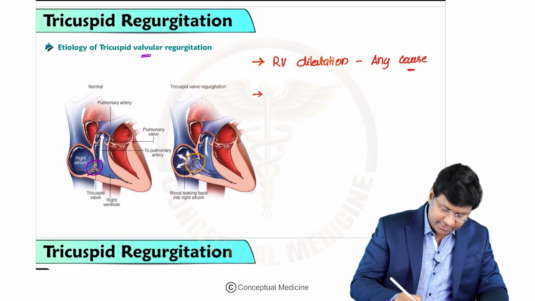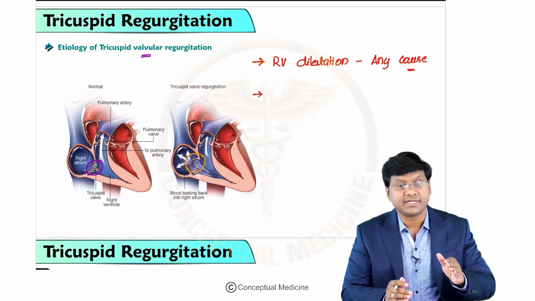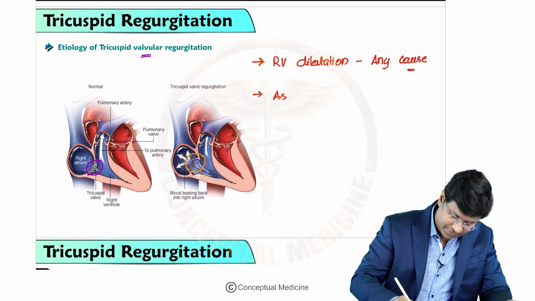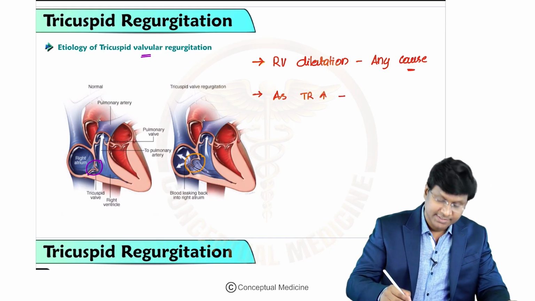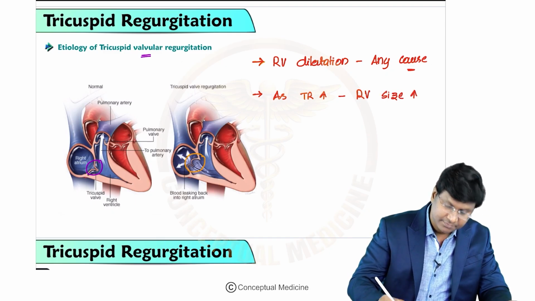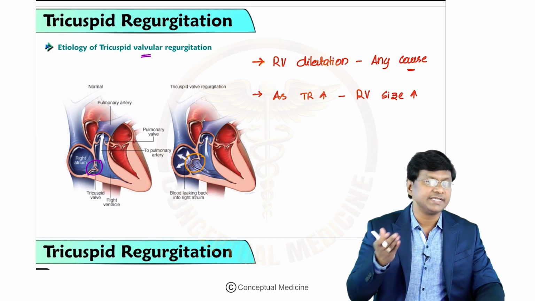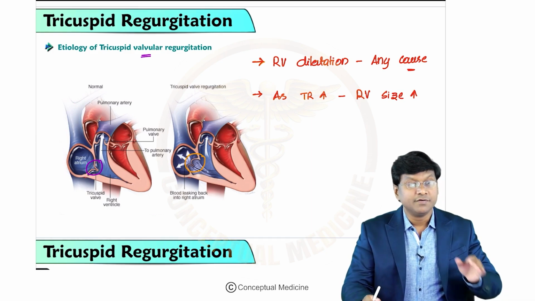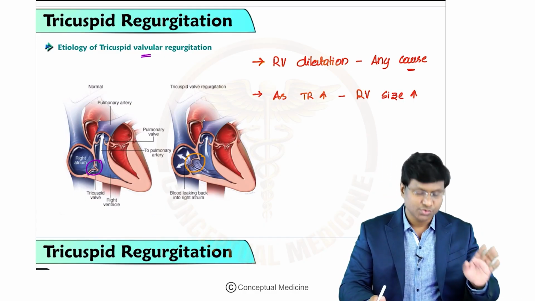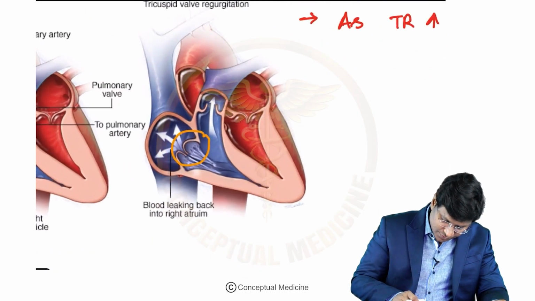And please remember, as the tricuspid regurgitation increases, the right ventricular size increases, further pulling the valve open due to chordae and papillary muscle displacement. So you can observe that here.